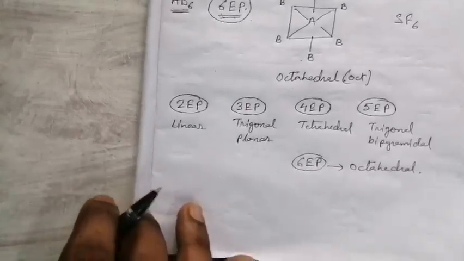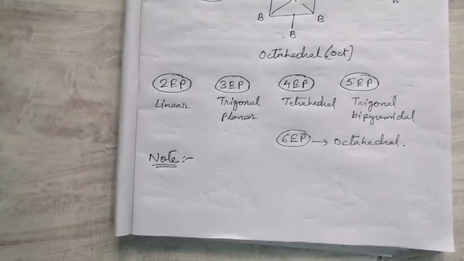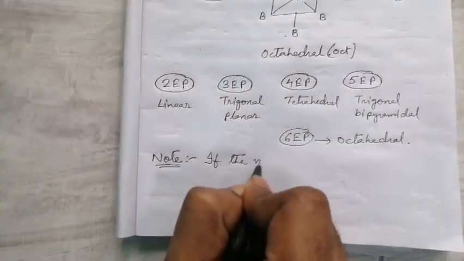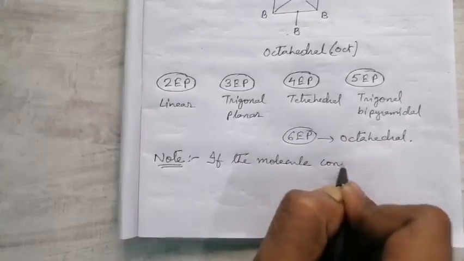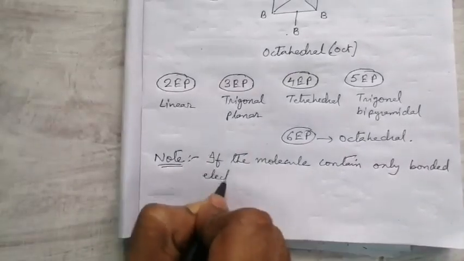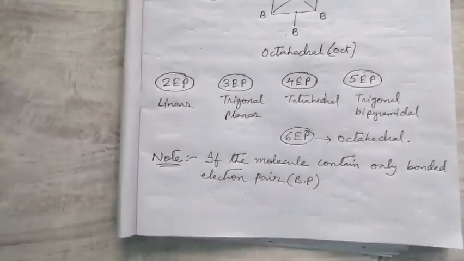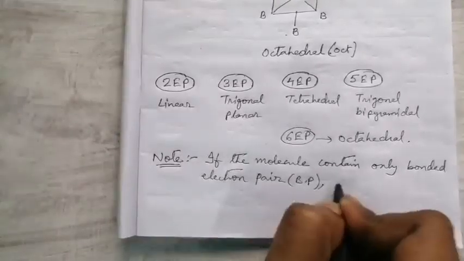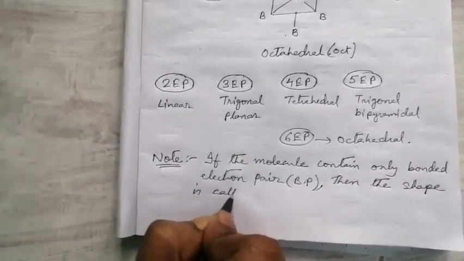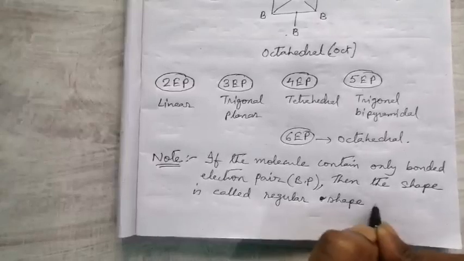Now, one point you need to note is, if the molecule contains only bonded electron pairs, that is BP, it means the central atom is having only bonded electron pairs, then the shape is called regular shape or geometry.